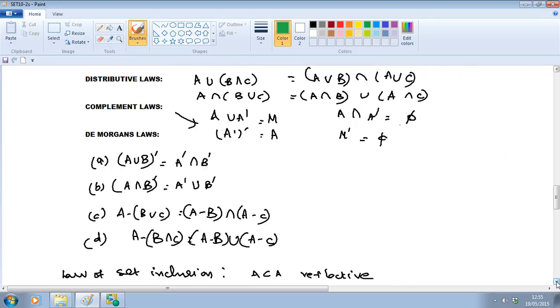So we have seen the distributive laws, complement laws and De Morgan's laws. For De Morgan's laws we have given two more now. The first two we have seen last time. See the sign change: (A union B) dash is equal to A dash intersection B dash.